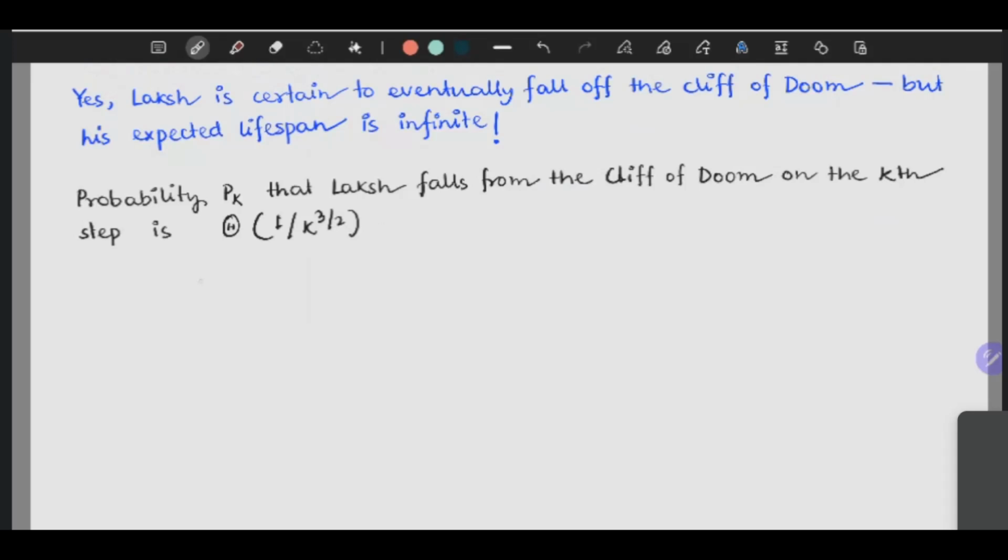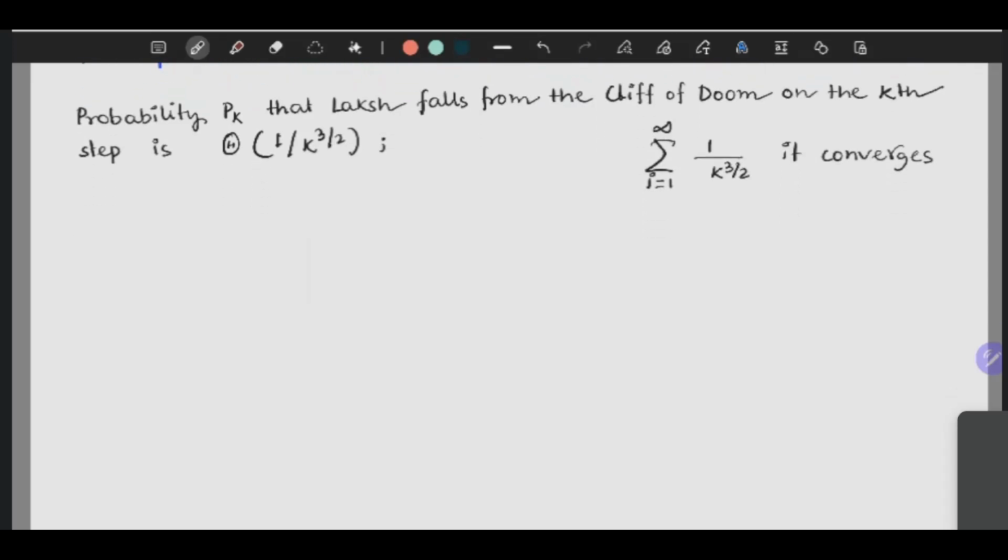That means you can confirm that the sum from k equal to 1 to infinity of 1 by k to the 3 by 2 converges. Now the expected time, which is written as the sum from k equal to 1 to infinity of k times p_k, is actually greater than c times the sum of k by k to the 3 by 2.